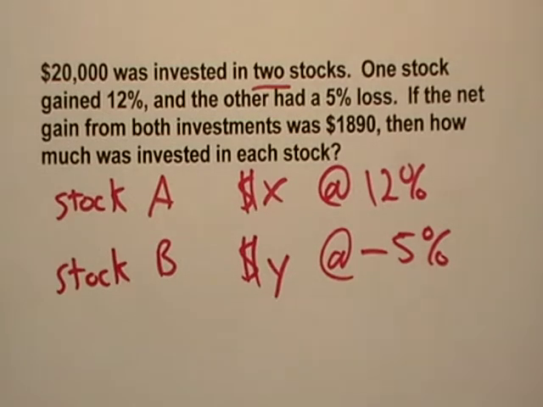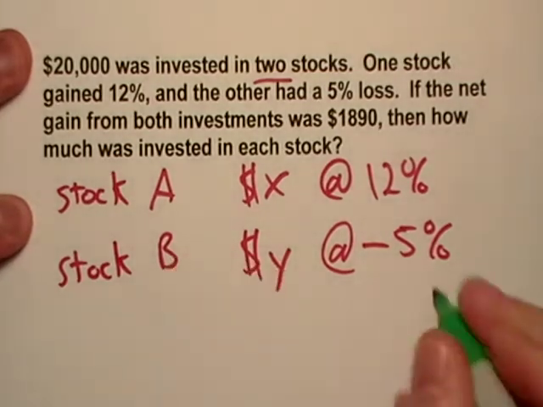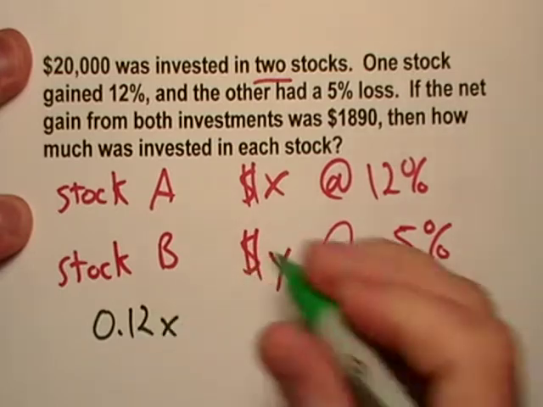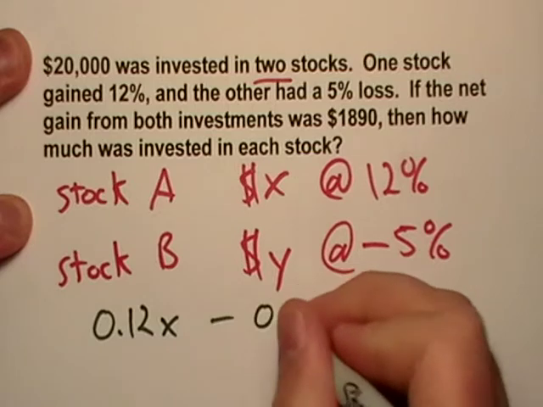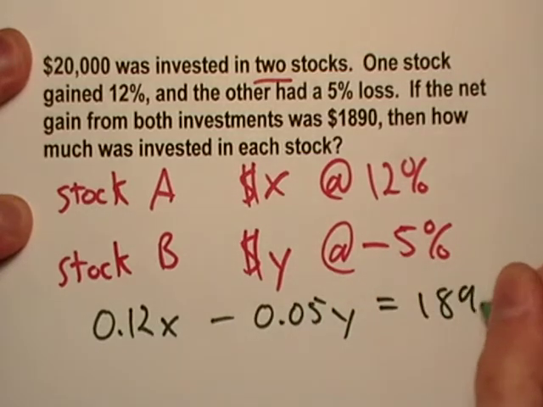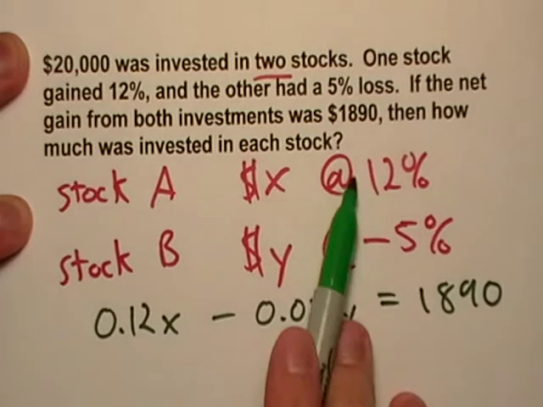So when we set up our equation, it's going to look like this: X dollars at 12%, plus Y dollars at -5% equals $18.90, our total.